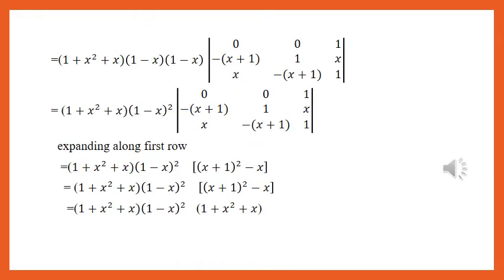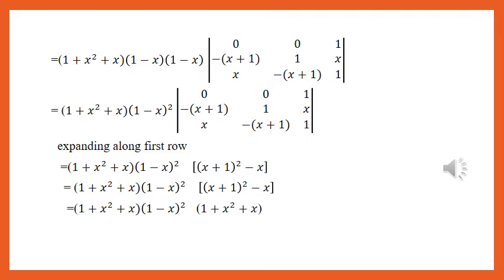So now delta is equal to (1 + x + x²) multiplied by (1 − x)(1 − x) times the determinant with first row 0, 0, 1. Now let's expand along the first row because the first row has two zeros. So expanding along the first row, delta is equal to (1 + x + x²) multiplied by (1 − x) the whole square.